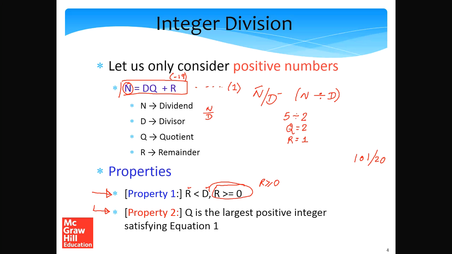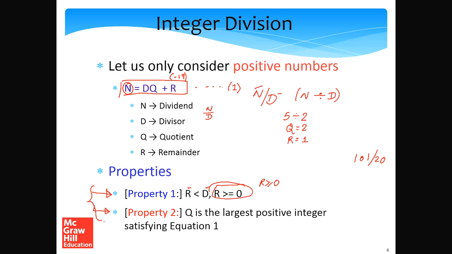Both of these properties are otherwise obvious, but it's nice to write them down, because any division algorithm has to obey both of them. These are sufficient properties, not necessary, but sufficient. q is the largest positive integer which satisfies the equation, and property 1 needs to hold, where r is less than d and r itself is greater than or equal to 0. So we need to ensure that these two properties always hold.